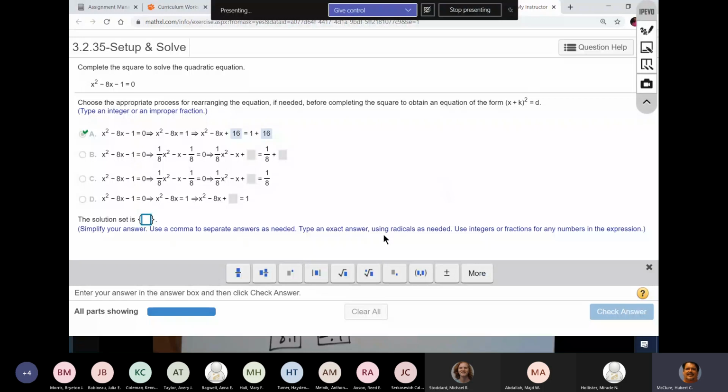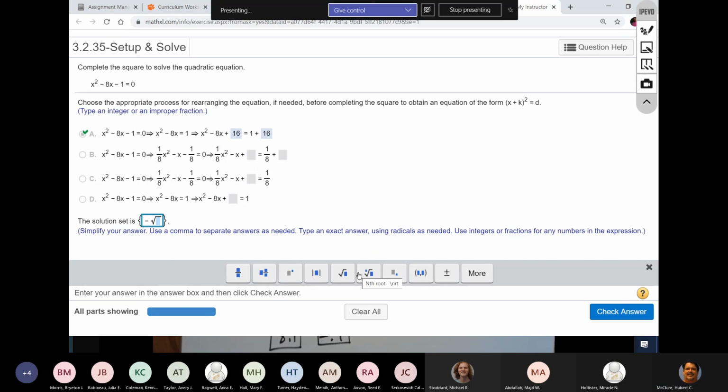So that's going to be positive or negative square root of 17 plus 4, comma, negative or positive square root of 17 plus 4.